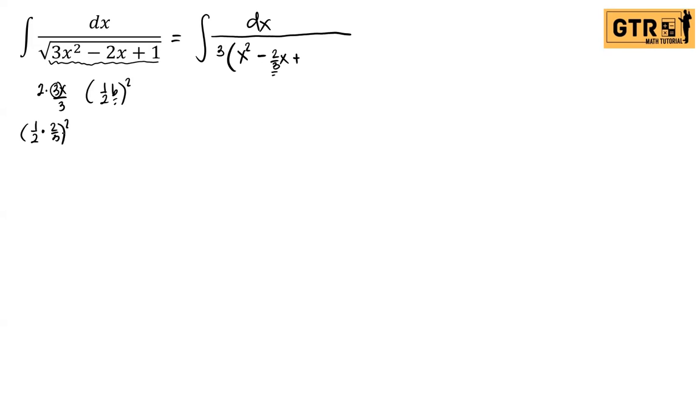So we multiply 1/2 of 2/3 and then square that. Cancel out 2, we have 1/3 squared. Therefore, what we are going to add is 1 over 9. But remember, 1 over 9 here is multiplied by 3. So 3 times 1 over 9 is equal to 1/3. So we add 1/3 to the expression.